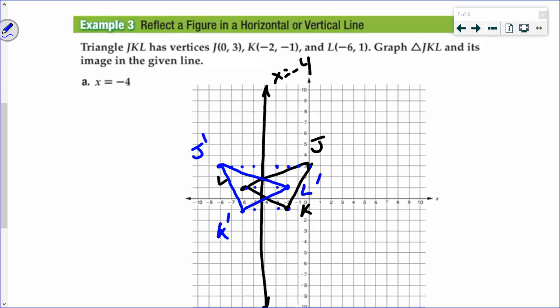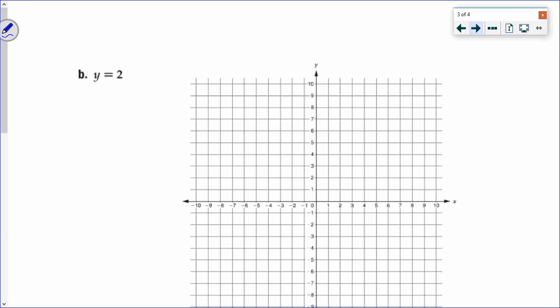So as you are coming back here, again, we're reflecting triangle JKL. Well, we need to plot JKL. We'll use black again for the pre-image. So J is at (0, 3).